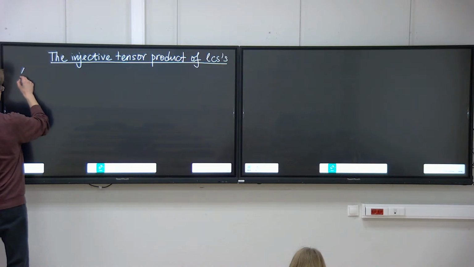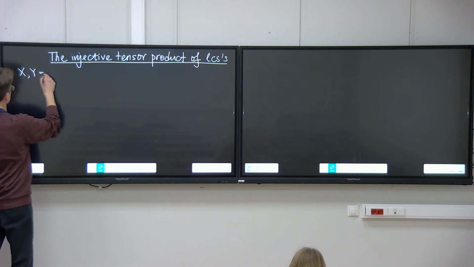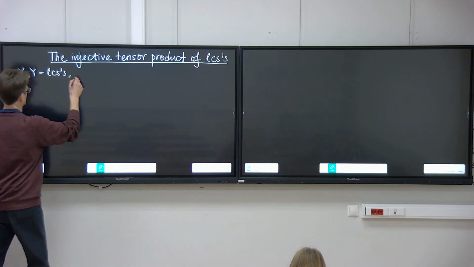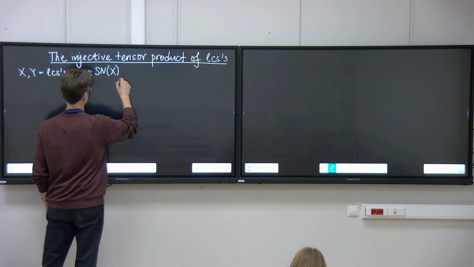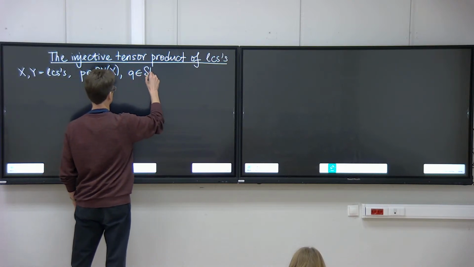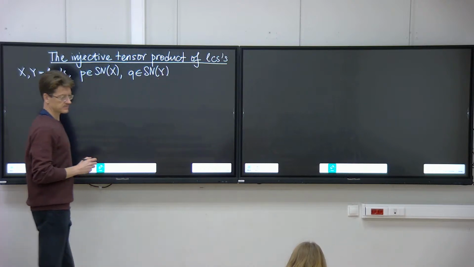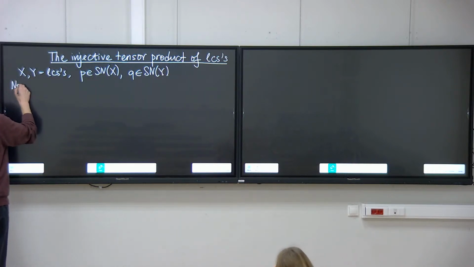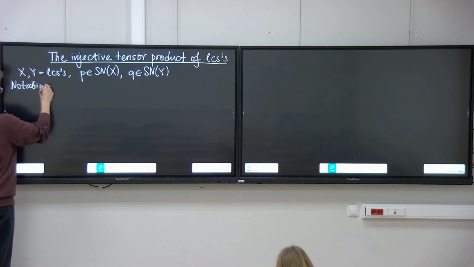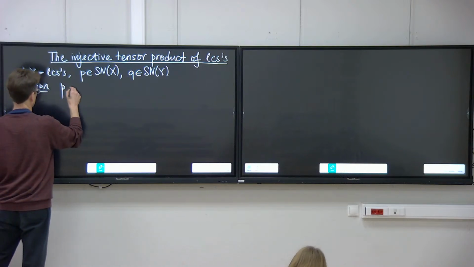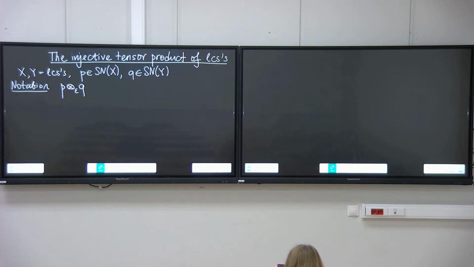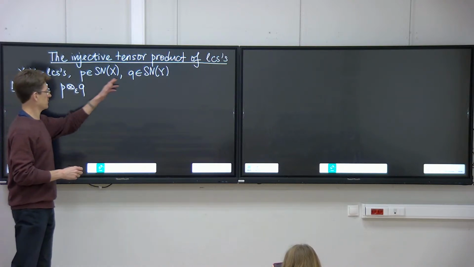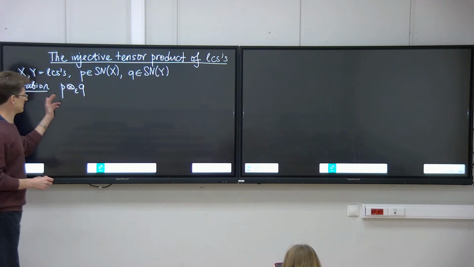So we start with a pair of locally convex spaces, X and Y. We take a continuous seminorm P on X and a continuous seminorm Q on Y. We introduce the following notation. We denote the injective tensor seminorm on the tensor product of X and Y corresponding to P and Q by the following formula.